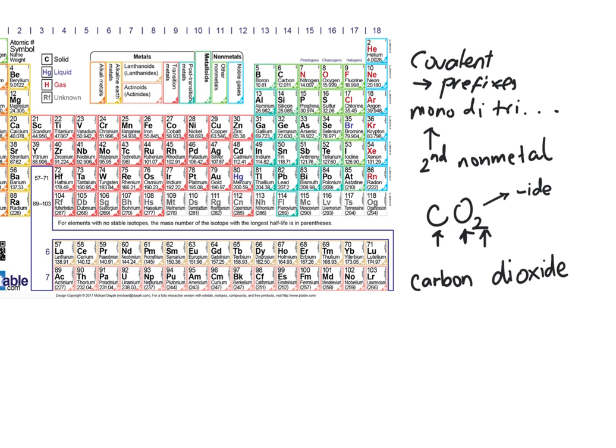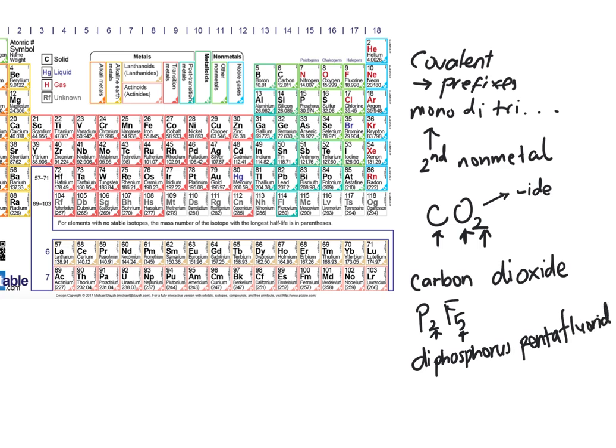What if I have P2F5? Since there's a number, we're going to start with that. So that's diphosphorus, and then there's 5 here, so that's going to be a penta. And then F is fluoride.